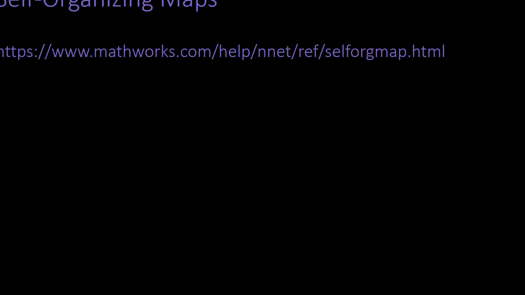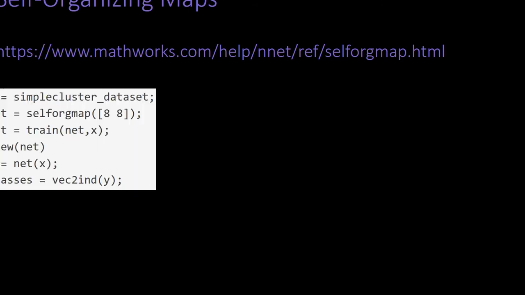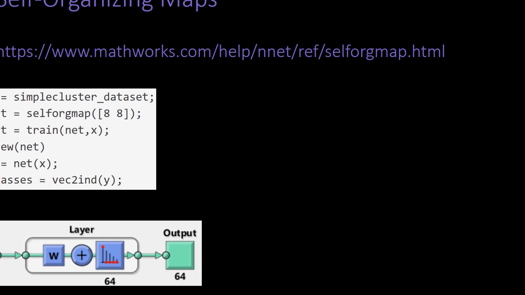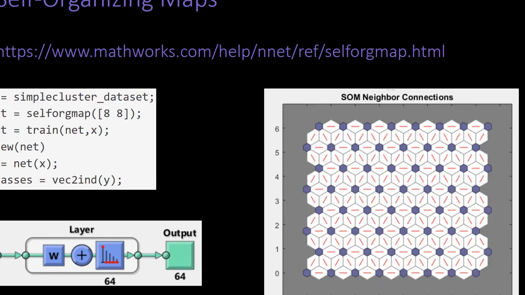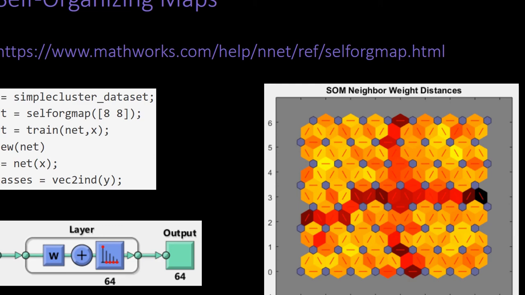Self-organizing maps are a way for our computers to organize information based on characteristics of the data. In MATLAB, a neural network is used. When data is put into the neural network, it outputs this diagram. In addition, the user can see maps such as hits, neighbor connections, and neighbor weight distances.